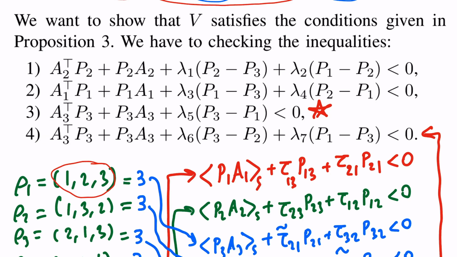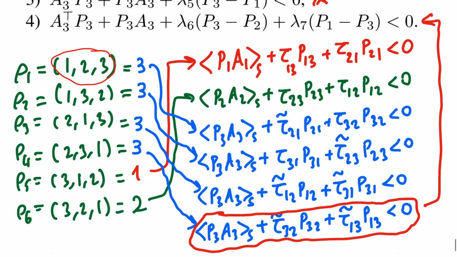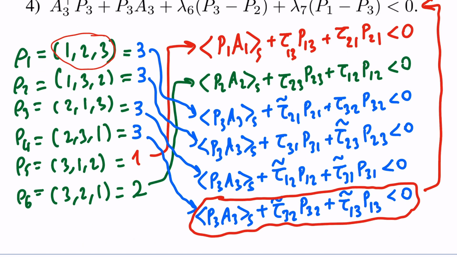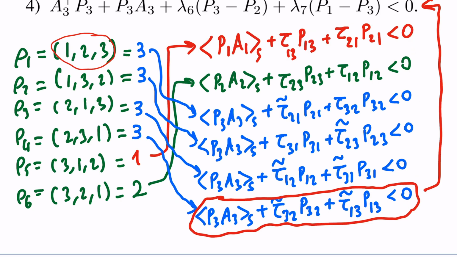So that means we are able to reduce or eliminate, to obtain a set of LMIs whose cardinality is smaller than the original one, the set that we started with.